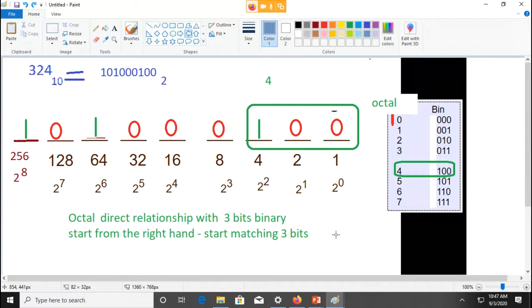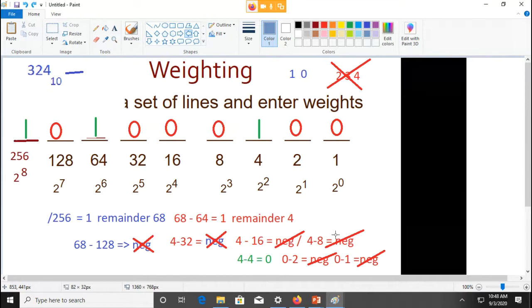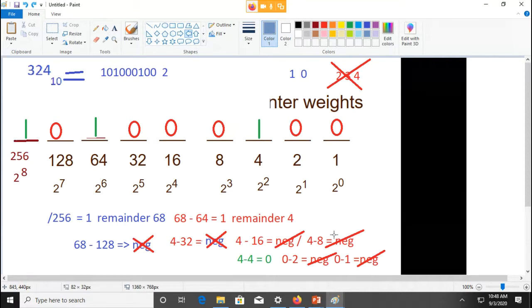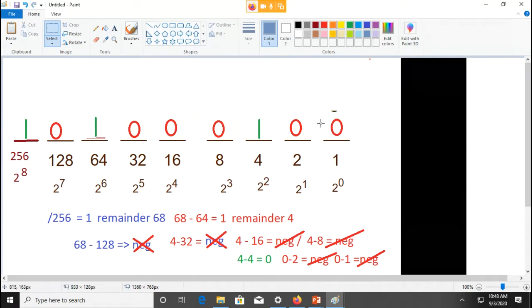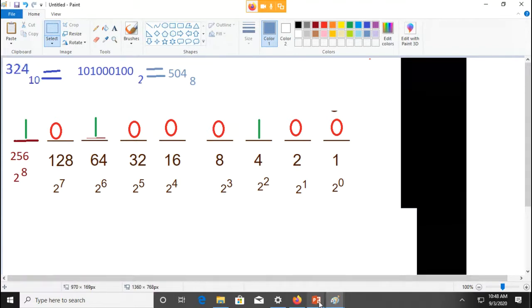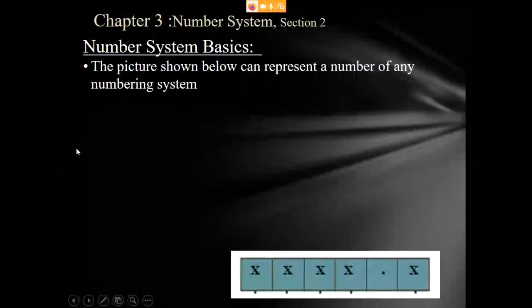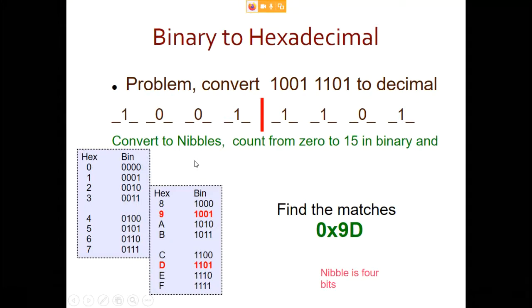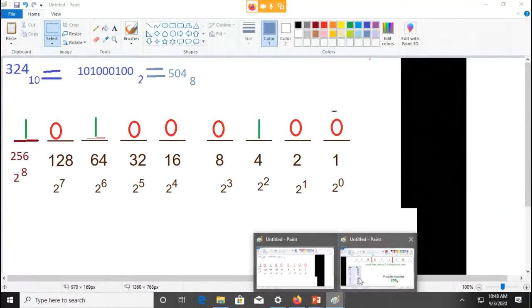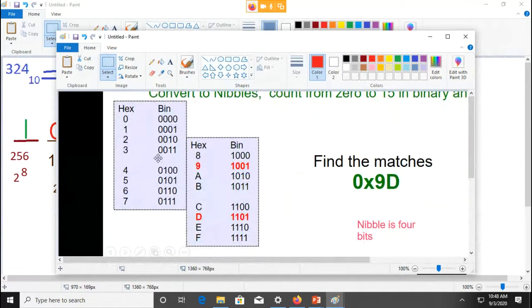All right, so let me just clean this off here. Now if we wanted to go to hexadecimal, the first 7 of hexadecimal is identical to octal, only you don't use the last bits.